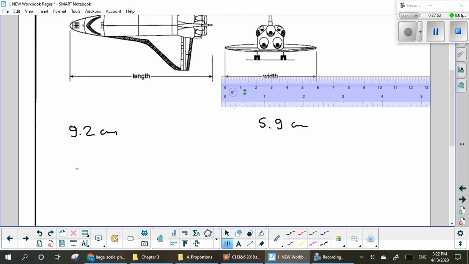For the first one, I know that the diagram here is 1 centimeter to 475 centimeters in real life. My diagram measurement is 9.2 centimeters, and we're trying to find what it is in real life. This is where cross multiplication works well.